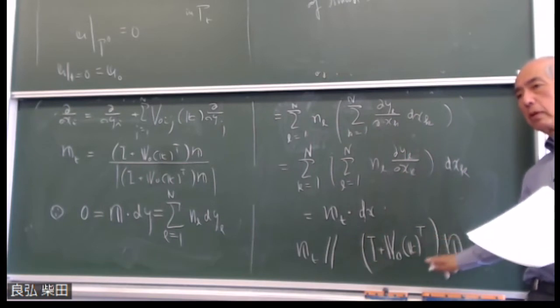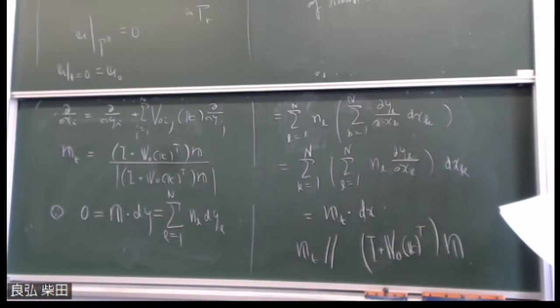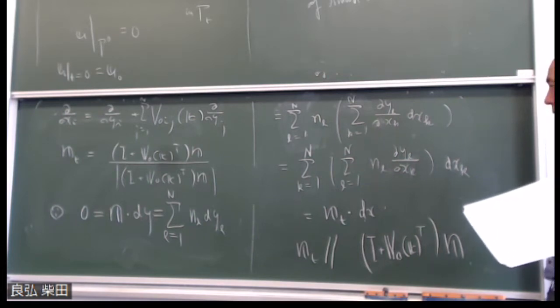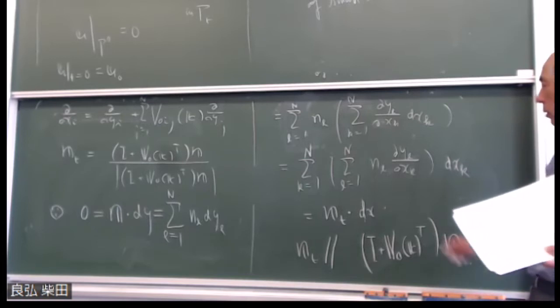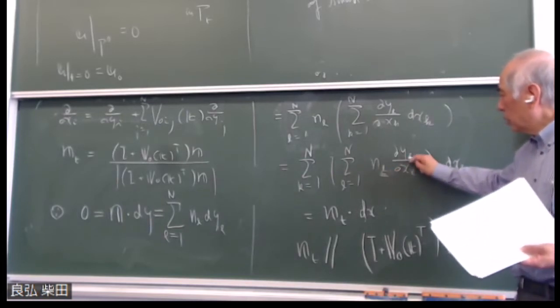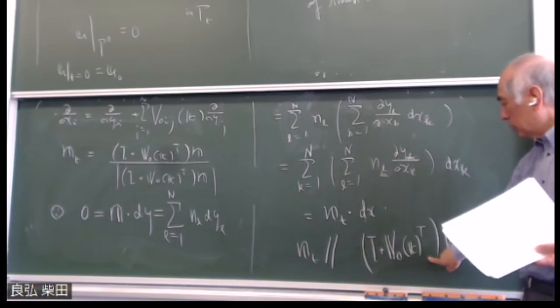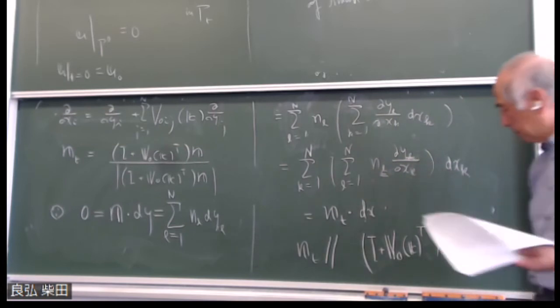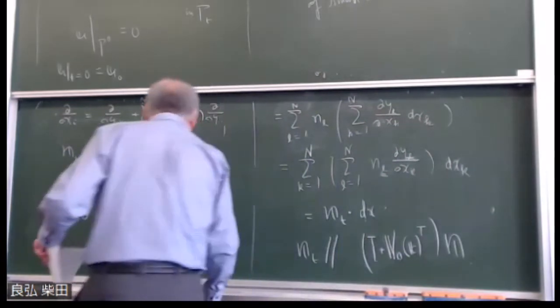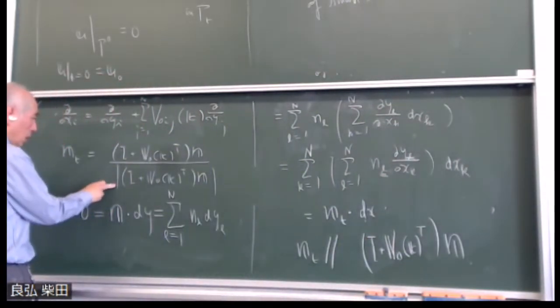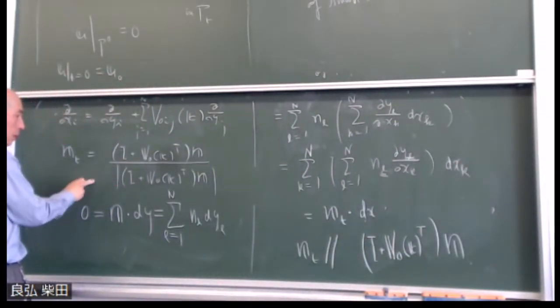So we have the summation, like a transpose vector. Okay, so this is a way to derive this formula.